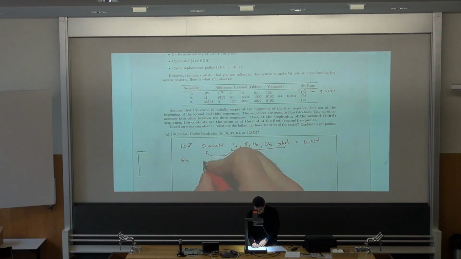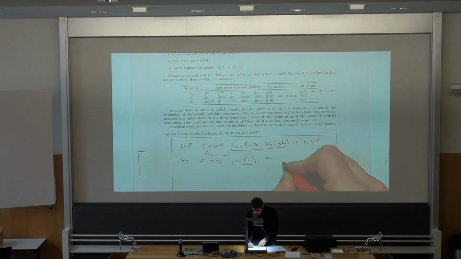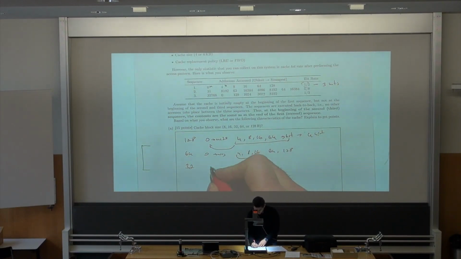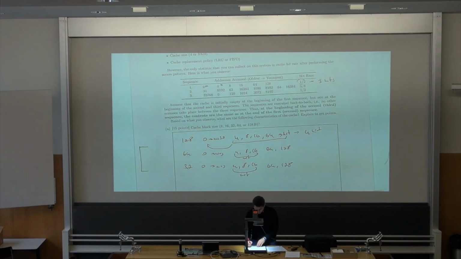So let's try 64. For this one, again, 0 is a miss. And for 8 and 16, again, they will be hits. 64 and 128 will be misses. So this kind of works. Okay, let's try 32. Again 0 is a miss. 4, 8, 16 are hits, and the rest are misses.